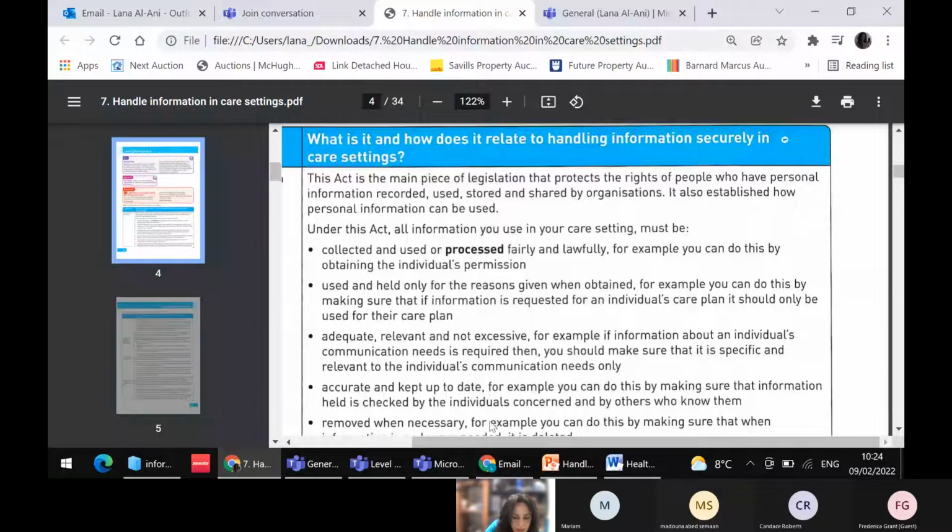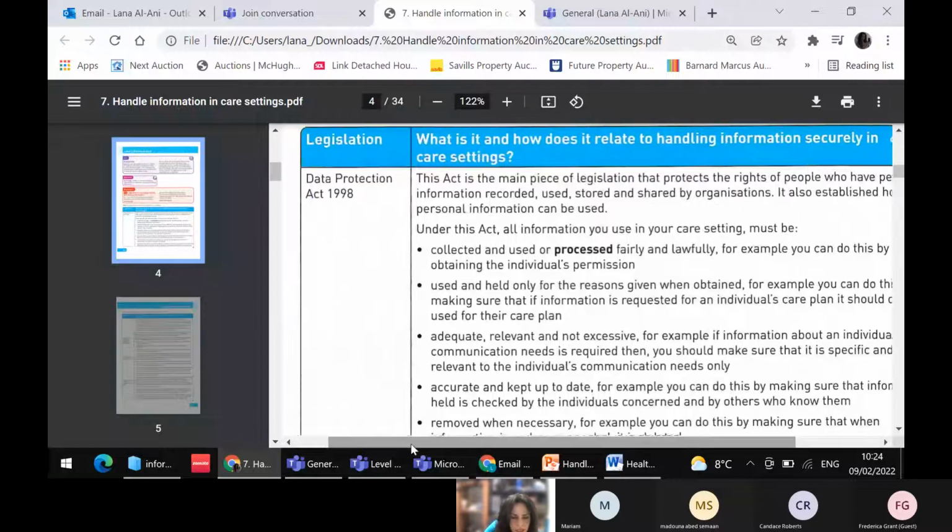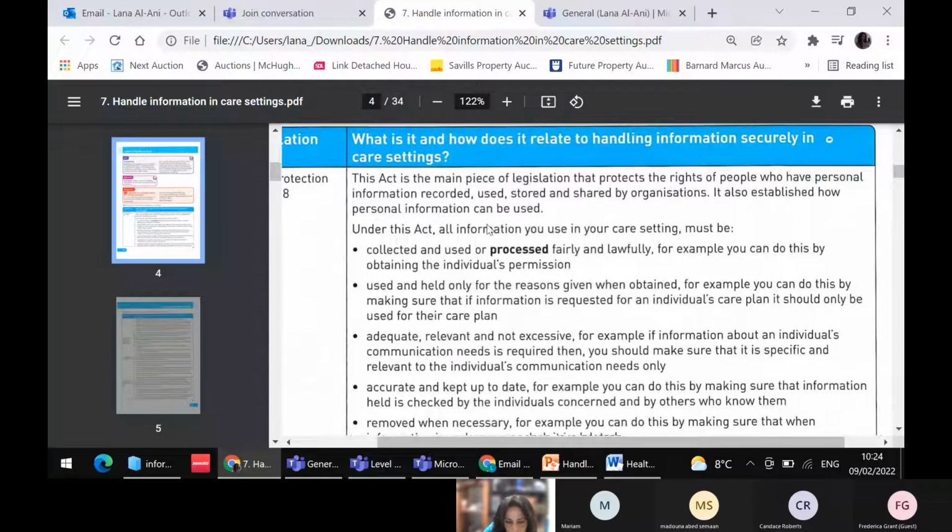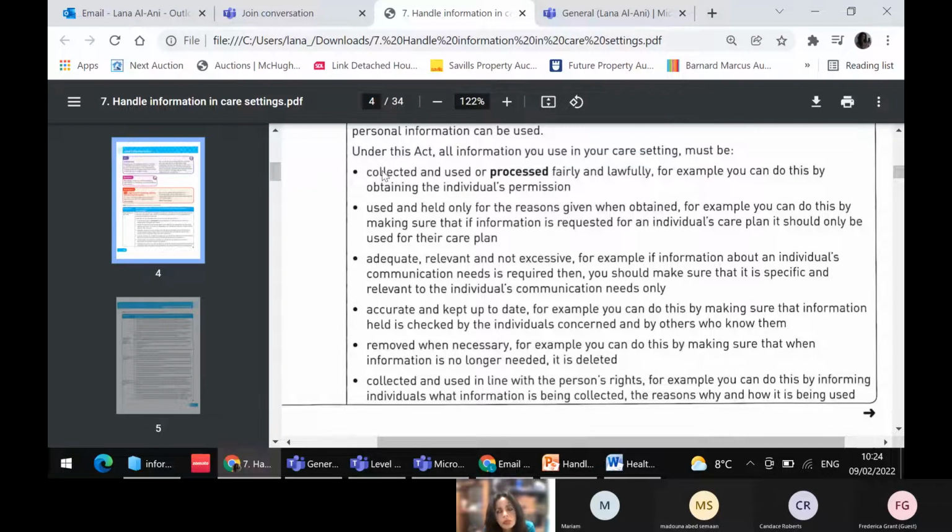So, as we said, the first legislation we put down is Data Protection Act 1998. Why do we have this act? We have this act regarding all the information we use in the care setting. First of all, it tells us how to use the data in the workplace.